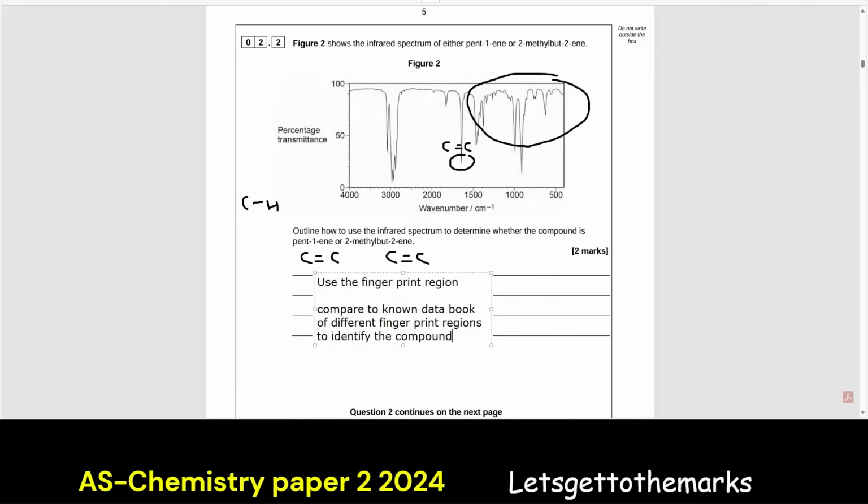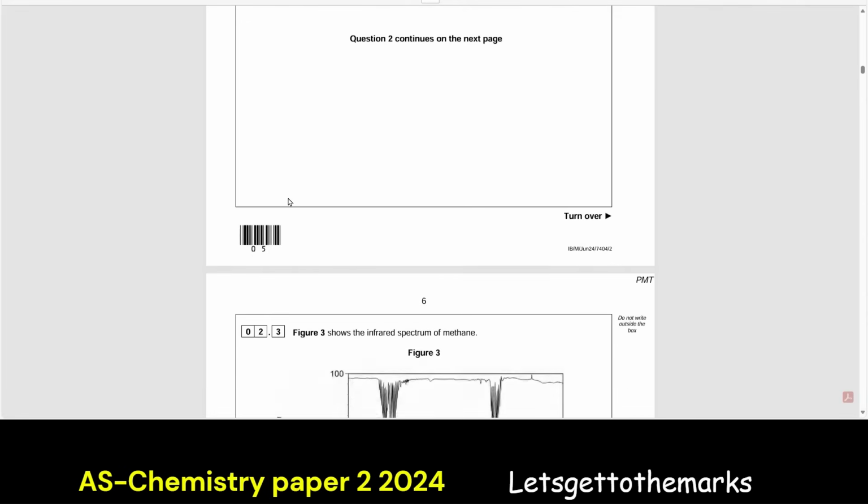So basically, we just need to go to the data book, and there'll be a data book with a fingerprint region for 2-methyl-butene and one for pent-1-ene, and we need to use that to identify it. We can't actually use it by looking at the peaks where the functional groups are because they contain the exact same functional groups and the same amount of everything. Okay, super. So fingerprint region and compare to a data book. It's going to get you the 2 marks. Why I put 3 ticks is beyond me.